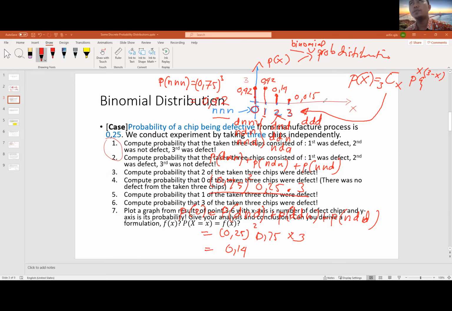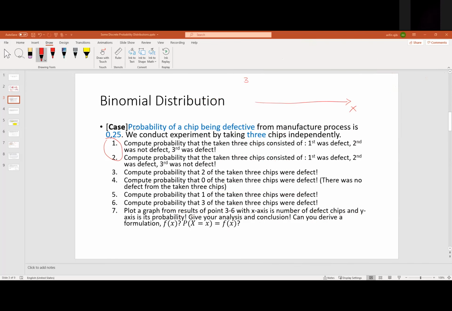You see here 0, 1, 2, and 3, and the range becomes higher if we not only take 3 chips, it means that we take more than 3 chips, the spectrum getting higher. Until this point is clear? Yes, sir.